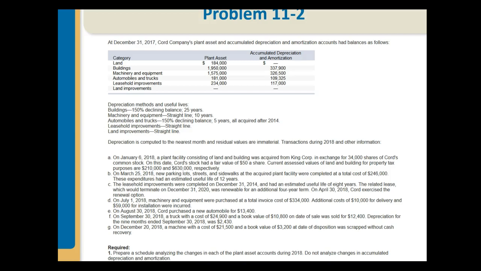Our job is to prepare a schedule analyzing the changes in each of the plant's asset accounts during 2018. Do not analyze changes in accumulated depreciation or of amortization.